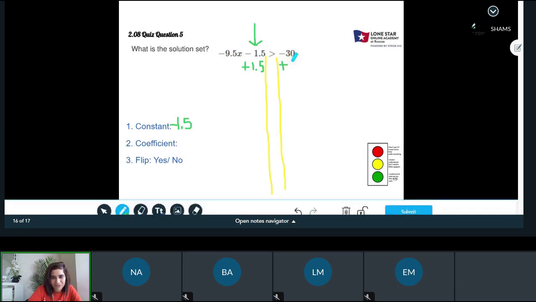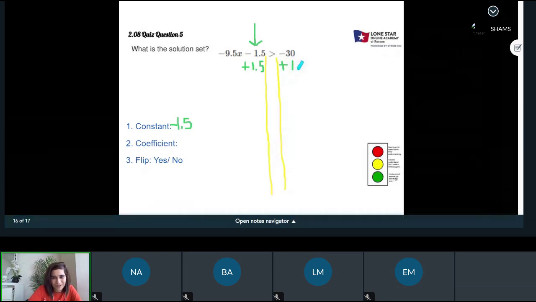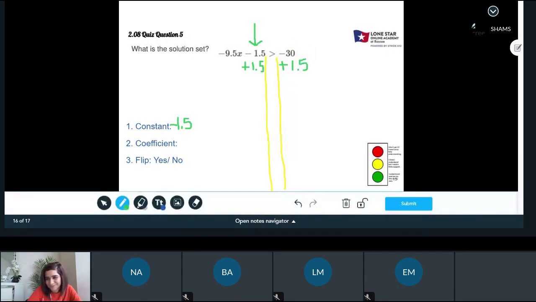How much is negative 30 plus 1.5? London? Okay, I can give you a little hint with that. Negative 30 means you owe $30. Plus 1.5 means you deposit 1.5 in the bank, right?